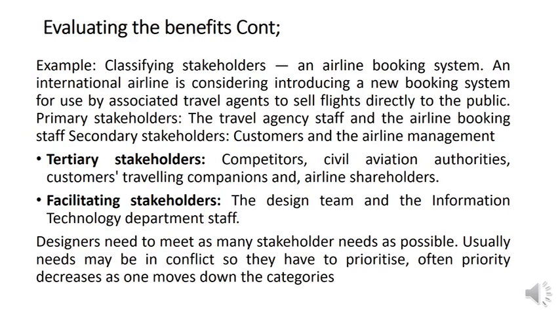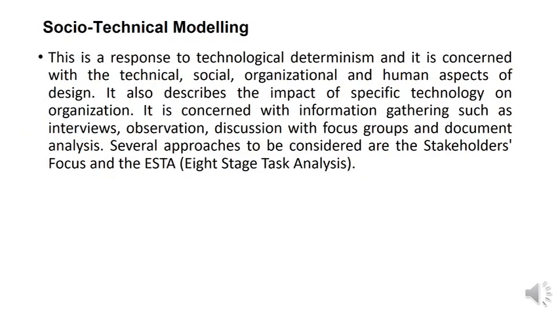The tertiary are the competitors, aviation authorities and the like. Then the facilitators are the people who model the system. So they said that for those who model the system, their priority changes down the line of the categories depending on what is required of them.